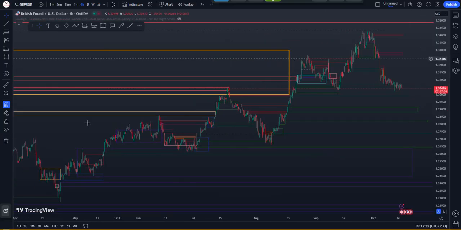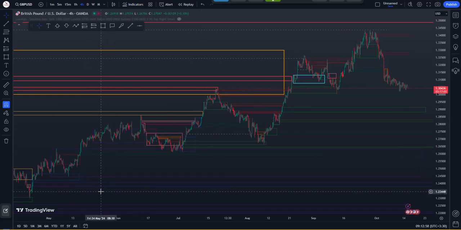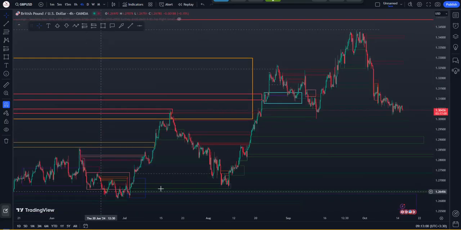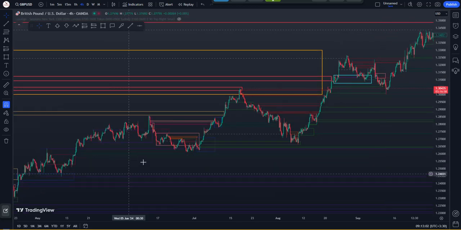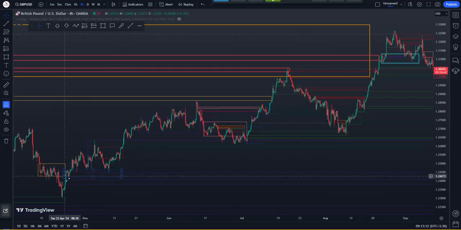So after price goes up from there, in here we can see price reached that level and then goes up, making a lower low.